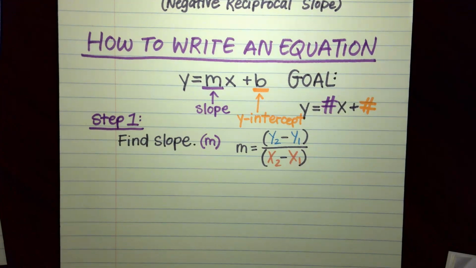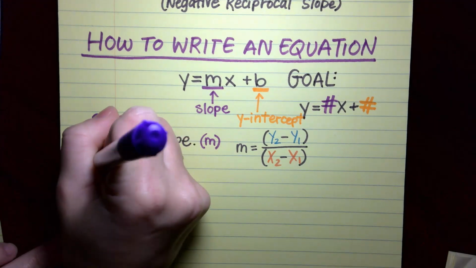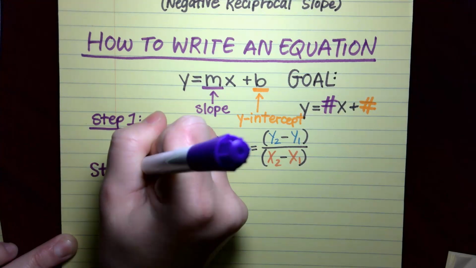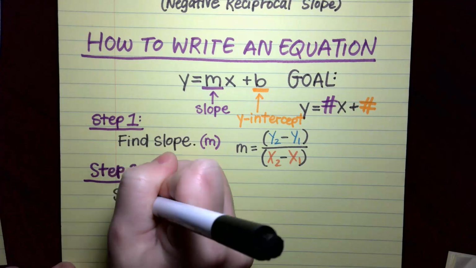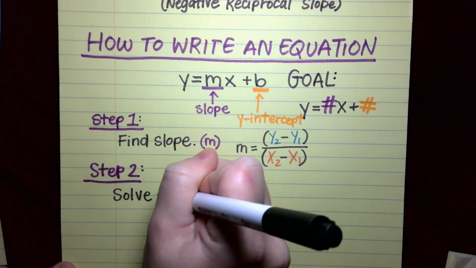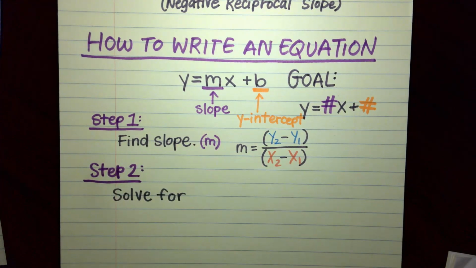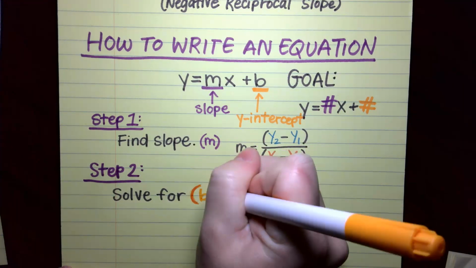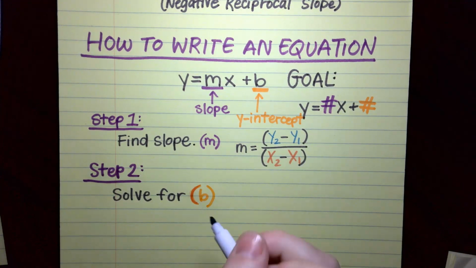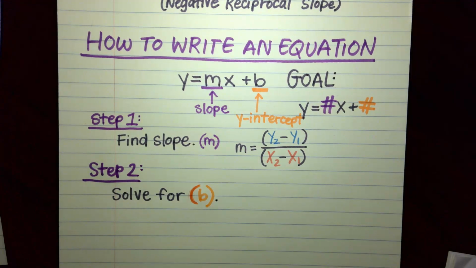Okay. So once we find slope, whether it's given to us or whether we have to solve for it, step 2 is to solve for B, or our y-intercept. So we're going to solve for B next.